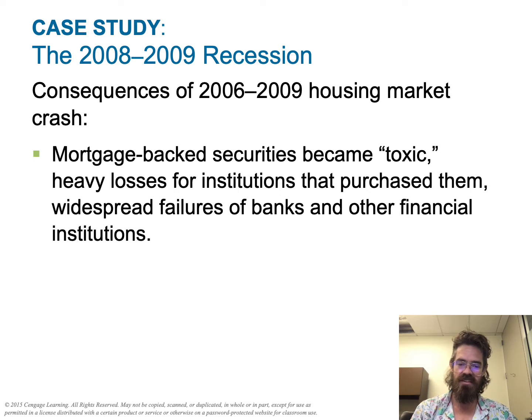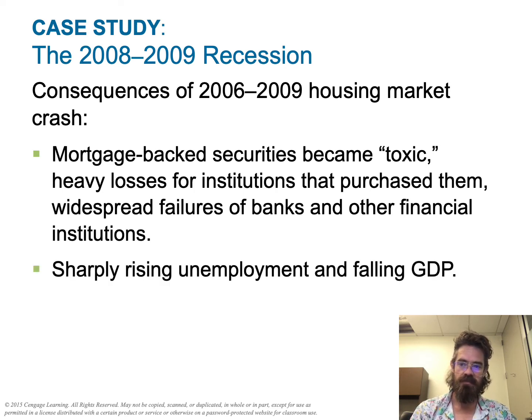So this cascaded into a huge financial crisis. It went from a housing market crisis and turned into a financial crisis. And so aggregate demand dropped dramatically, and we saw sharply rising unemployment and falling GDP.